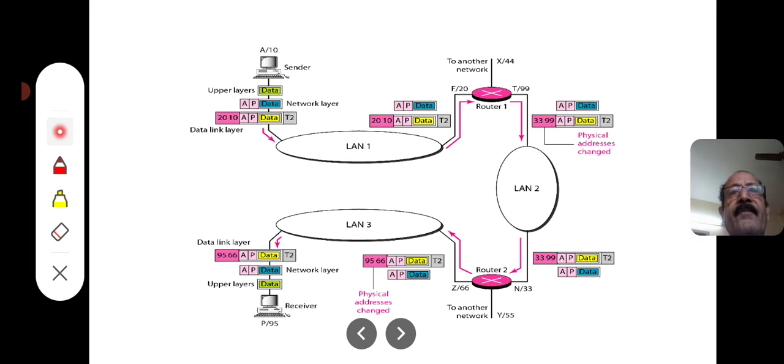For example, 95, 66 is written, 66 to 95. So 66, 95 is to be written here. These two are to be interchanged. These two are to be interchanged. Right.